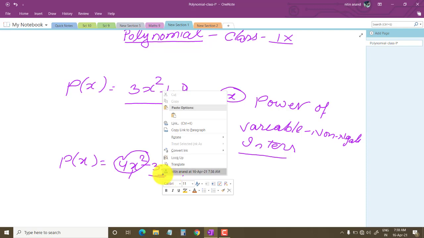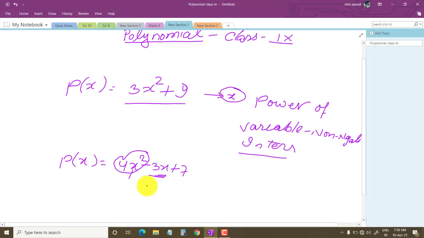And this is the constant term, which has no problem for the variables. So in this expression the variable is x. Clear? It has only one variable.